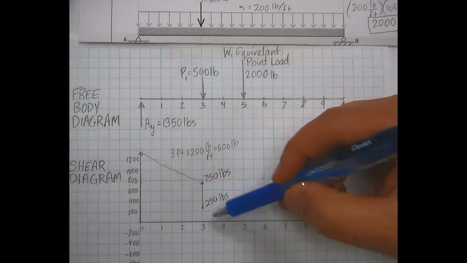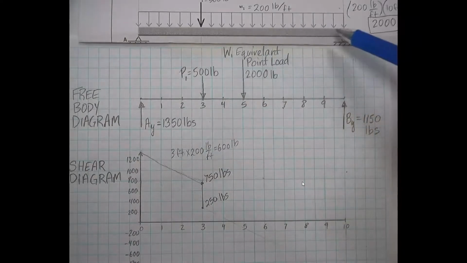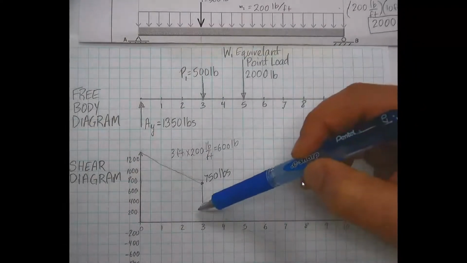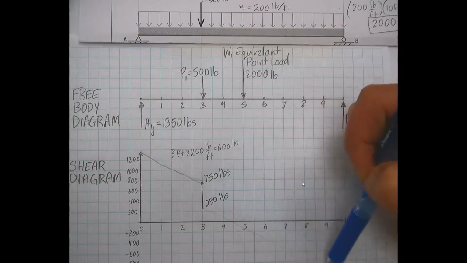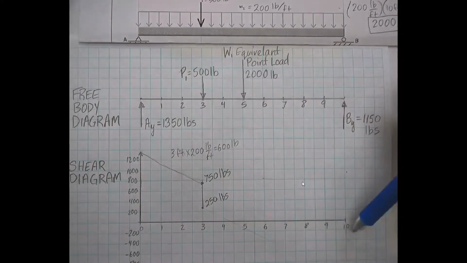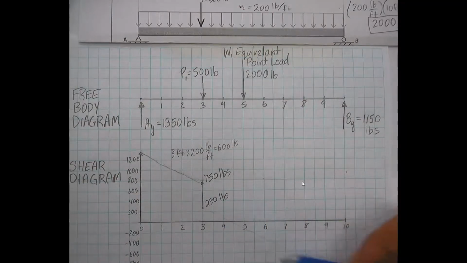And we don't have anything else going on for the rest of the distributed load until we get to the very end. So we have 7 feet at 200 pounds per foot. So 200, 200, 200, and 200, and so on for 7 feet. Let's see where that brings us down to.